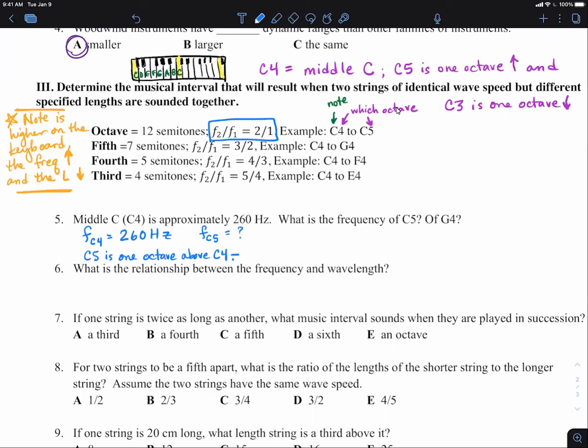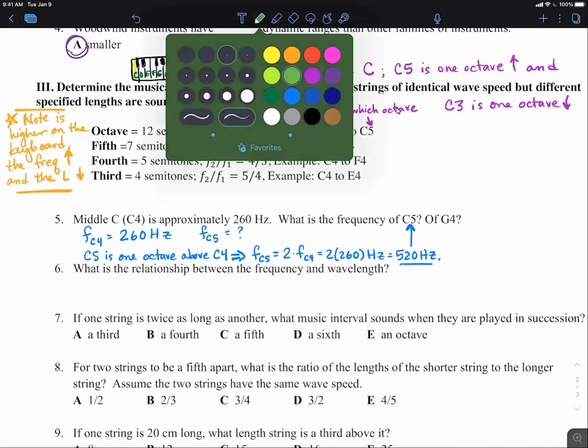The frequency of C5 is twice the frequency of C4, which is 2 times 260 hertz, or approximately 520 hertz.